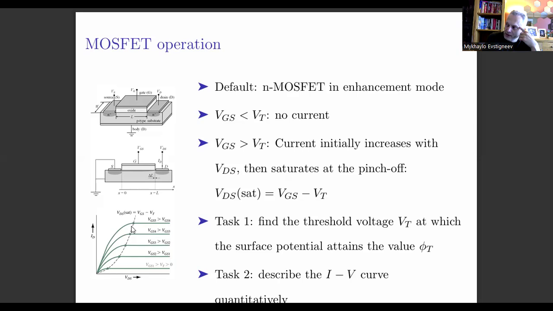And the potential difference between the end and the beginning of the inversion layer will still be this saturation voltage, which is the difference between the gate voltage and the threshold voltage. And it is constant.